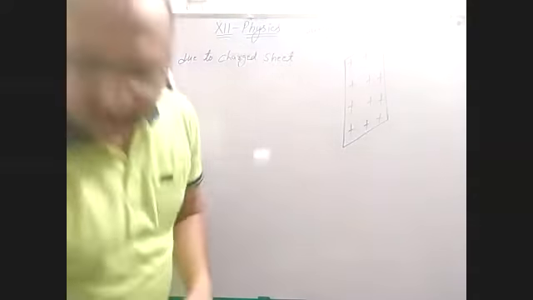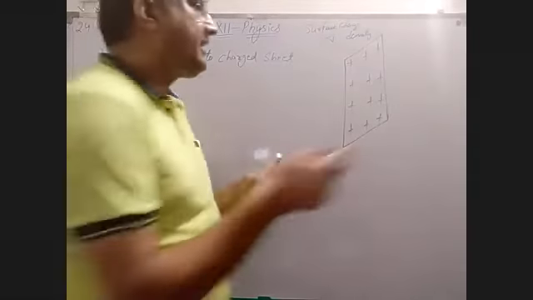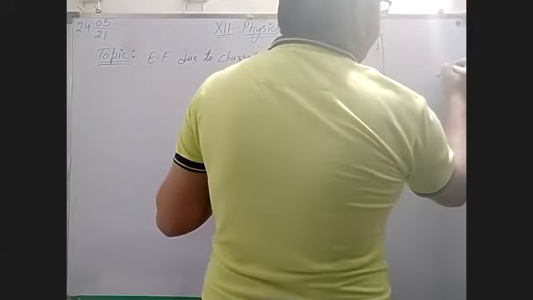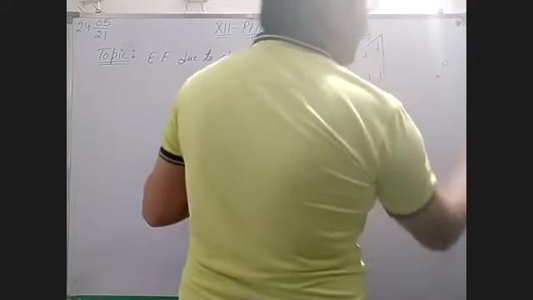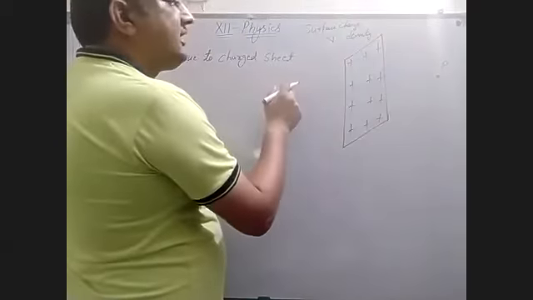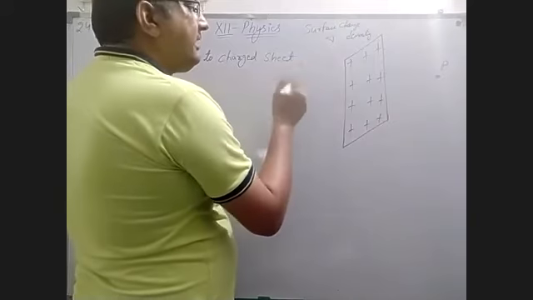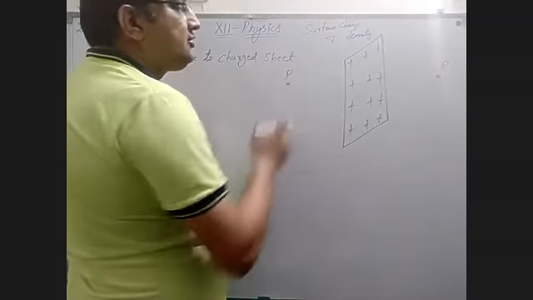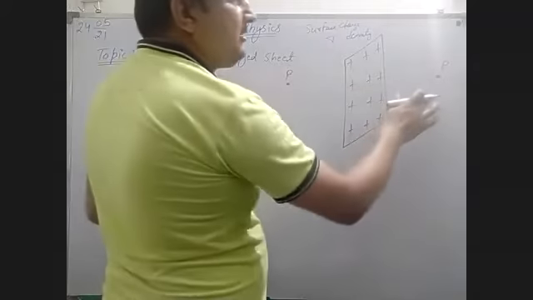Then you have to assume a point P like this, on the right side, or you can take it on the left side as well. Choose one point from there.